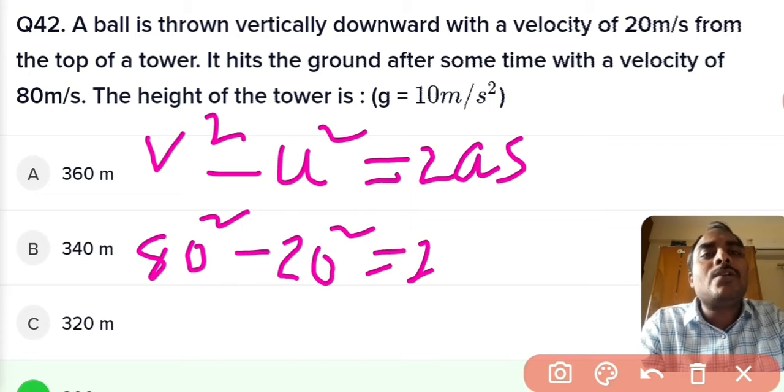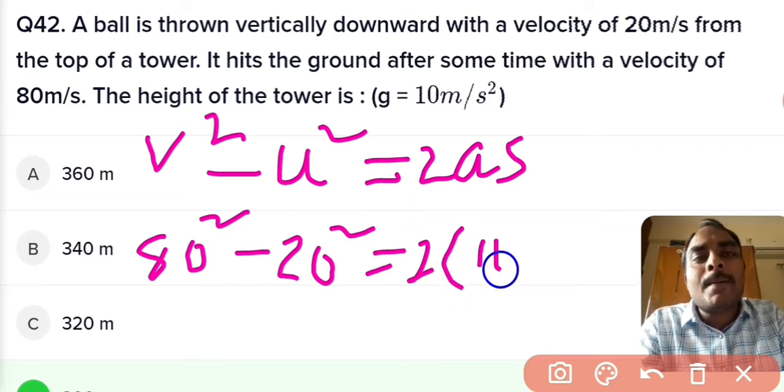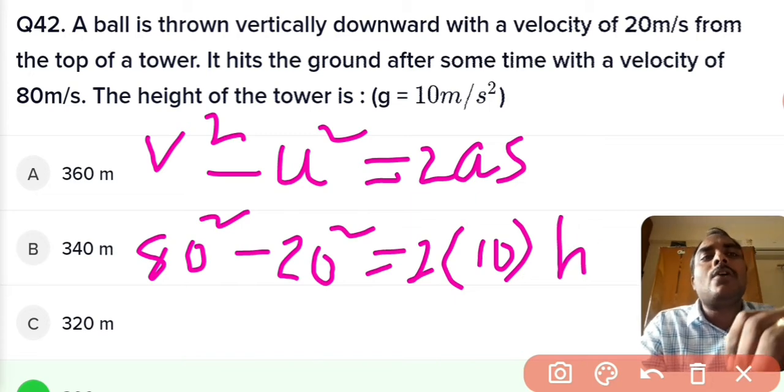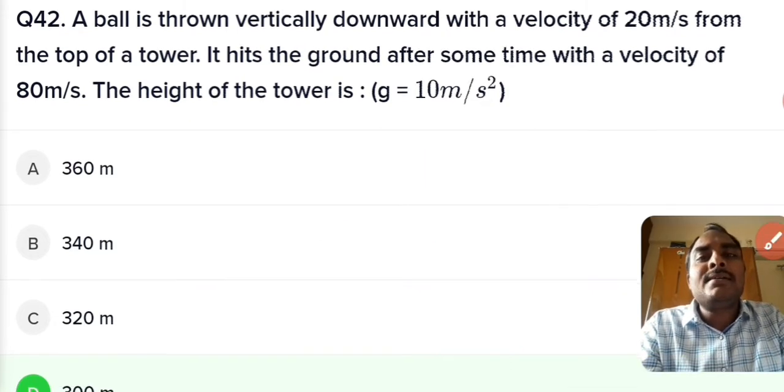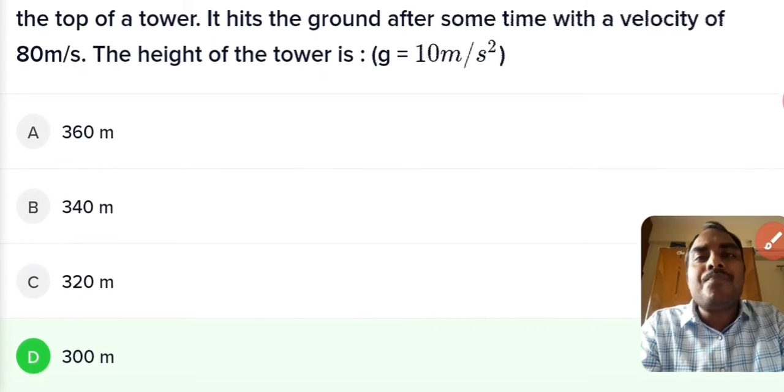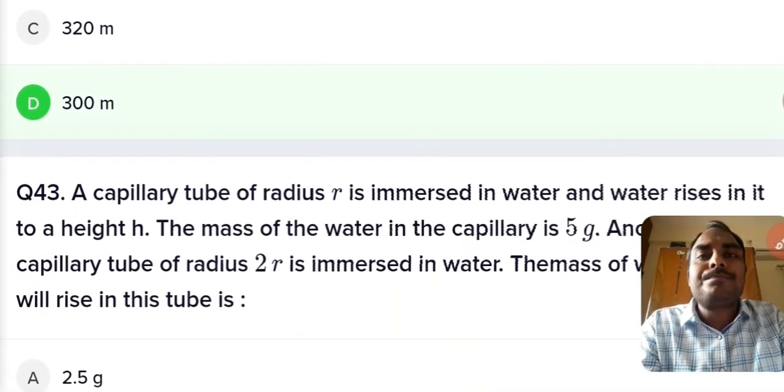For a freely falling body, we take the value of g as 10, and s is the displacement, that is the height from where it is thrown downward. So we need to find that h value. By simplifying this, we'll get the h value, and the answer is 300 meter, and option D is the correct option.